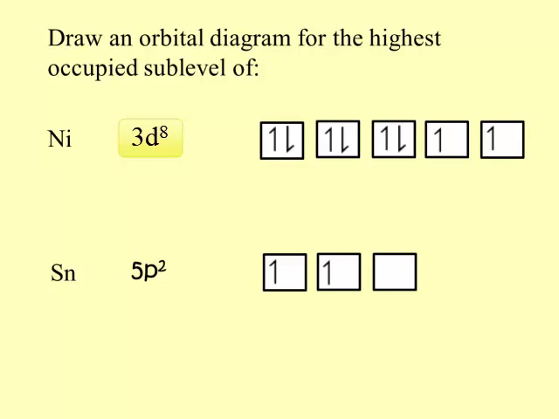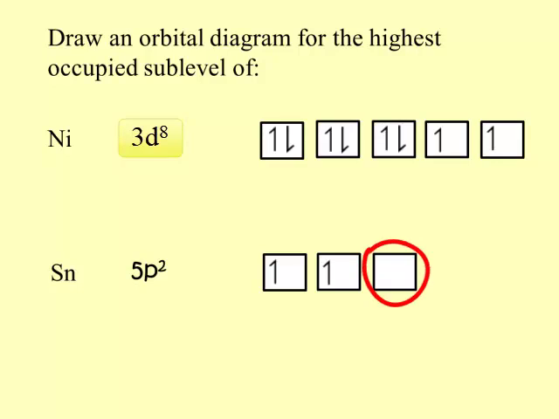You see 2 in those last 2 boxes. Here you have electrons in a box without a partner. That's an unpaired electron. How many unpaired electrons in an atom of tin? The answer is 2 again.